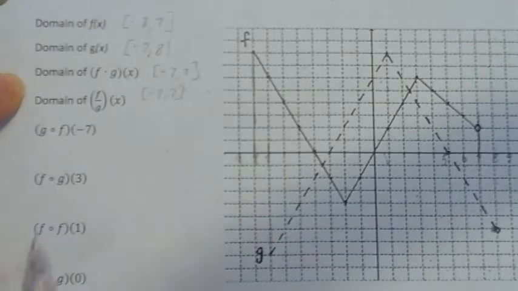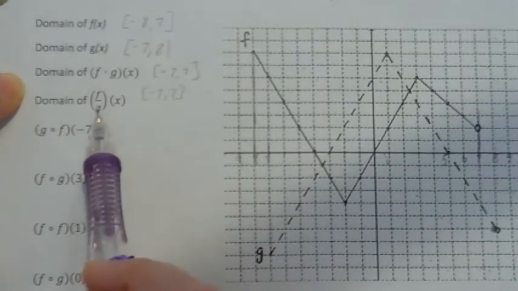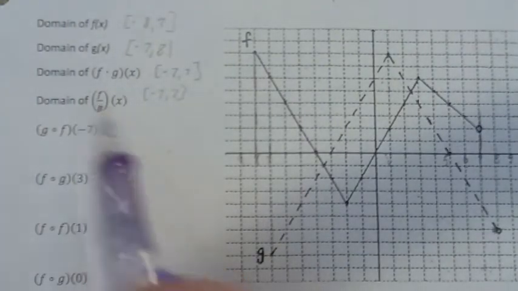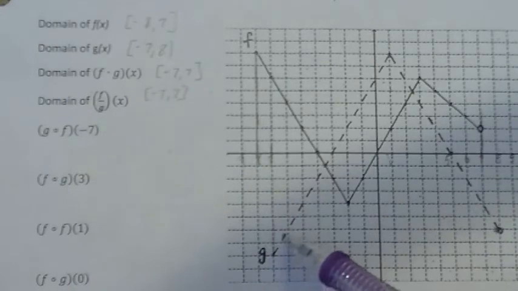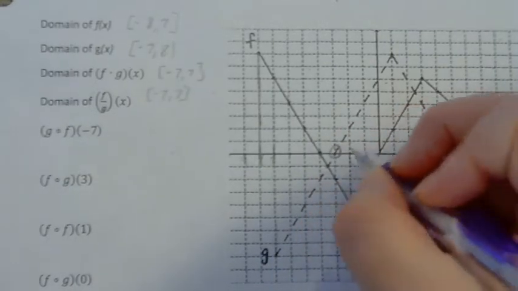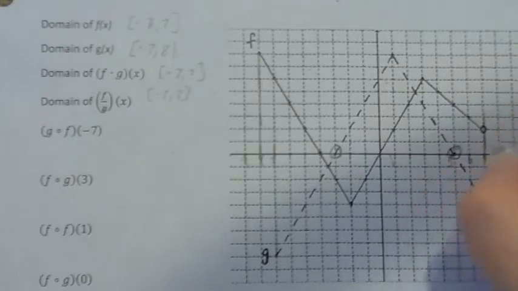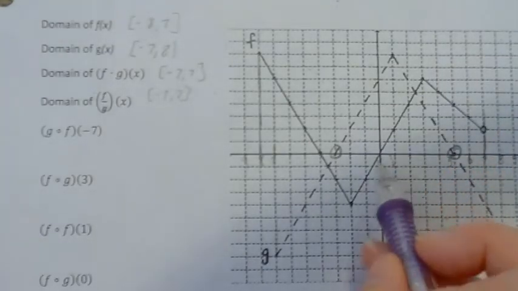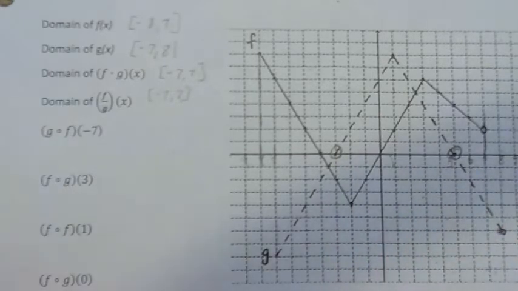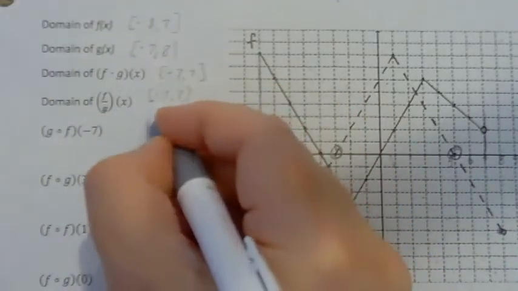I have to look at the g function, and when g is on the bottom, I don't want there to be a 0 on the bottom. So I have to look at the g function and see where the g function hits 0. The g function hits 0 right here, and the g function hits 0 right here. So this means at -3 and +5, I cannot have a function.